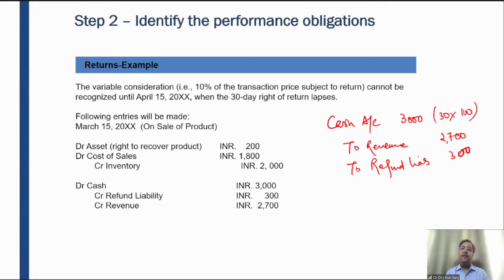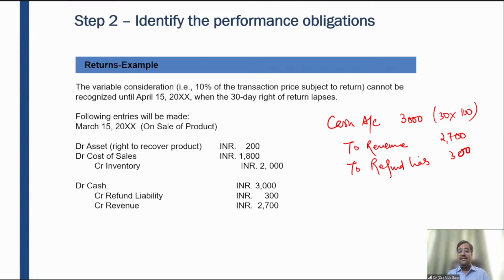But friends, if there is a refund liability, please tell me, if you will refund the money back to the customer, what right are you having? If the customer has a right to receive the refund of money, you will have the right to receive the goods, right? You have a right to receive the inventory.